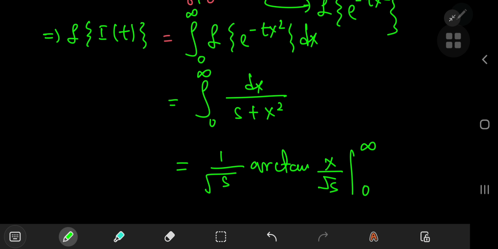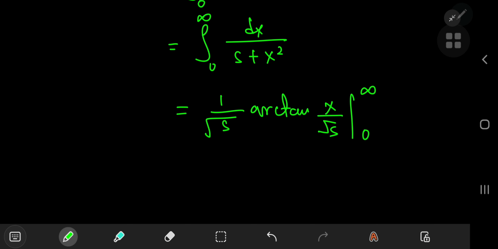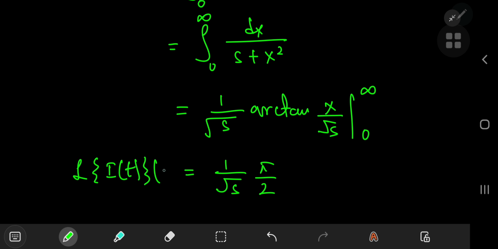And as x goes to positive infinity, the inverse tangent approaches pi by 2. And as x goes to 0, so does the inverse tangent. So this here, finally, is the Laplace transform of your integral function completely in terms of the complex variable s.